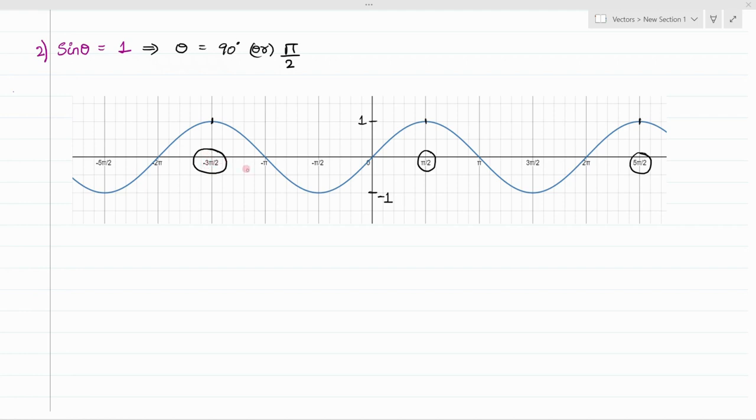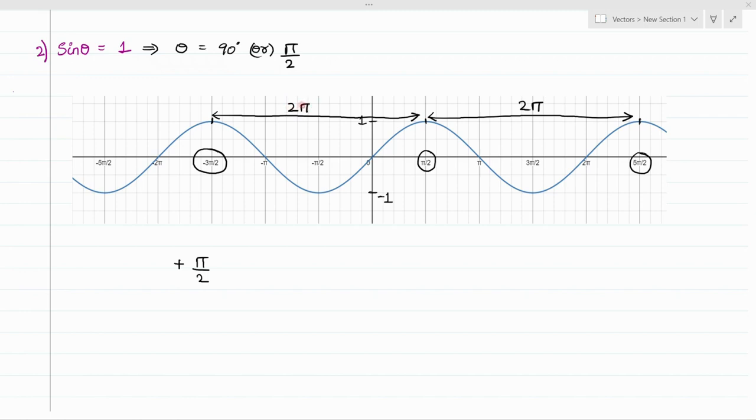I hope you are getting it. So the basic one is pi by 2, which we all remember. If you calculate the difference between 5 pi by 2 and pi by 2, you will get 2 pi as the difference. Similarly, the difference between pi by 2 and minus 3 pi by 2 is also 2 pi.